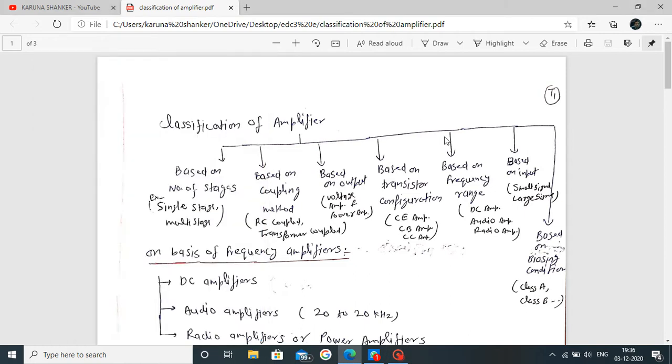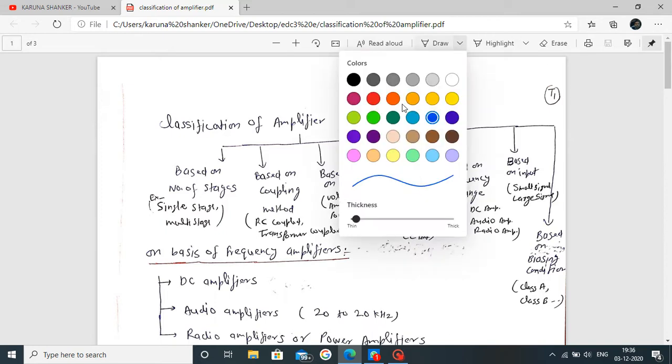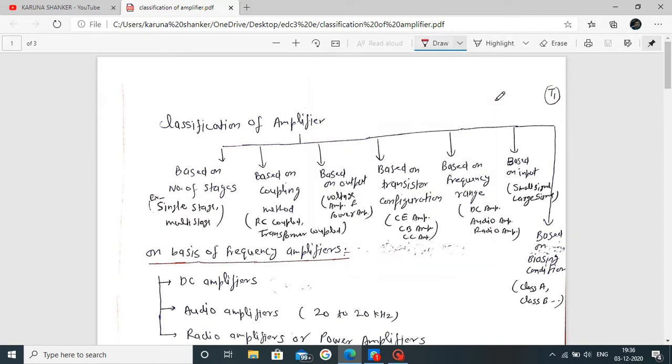Our next topic is the classification of amplifiers. There are different types of amplifiers, which are categorized on different bases, such as the number of stages.